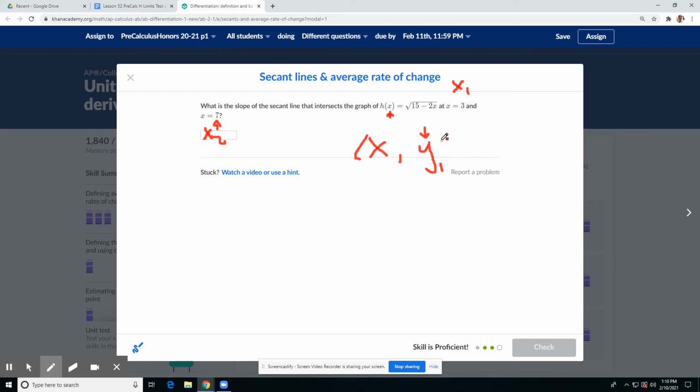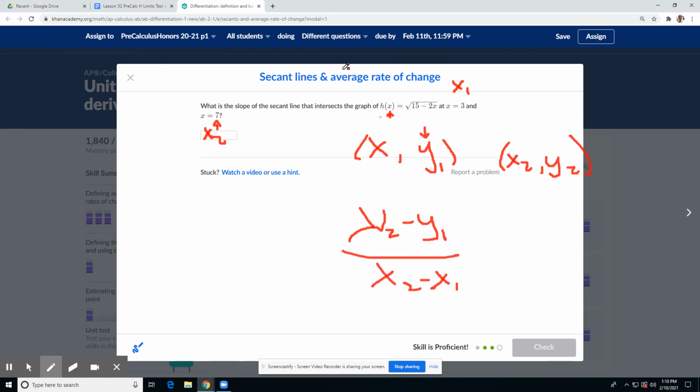You do the same thing for the second one to find y2, and then you plug it into the y2 minus y1 over x2 minus x1 equation, and that would give you the secant line slope. It looks like most of them are pretty similar to these.